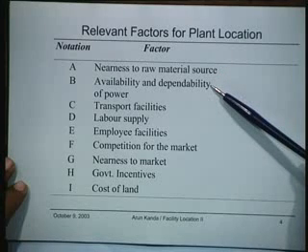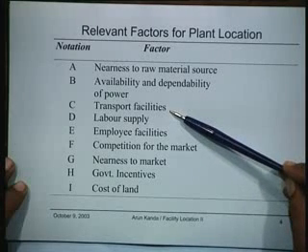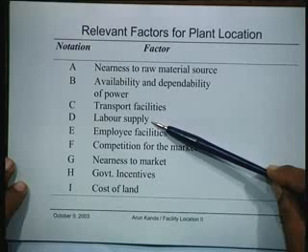The second factor that was considered important was availability and dependability of power. Then the managers identified transport facilities as an important factor. Labor supply was another important factor.